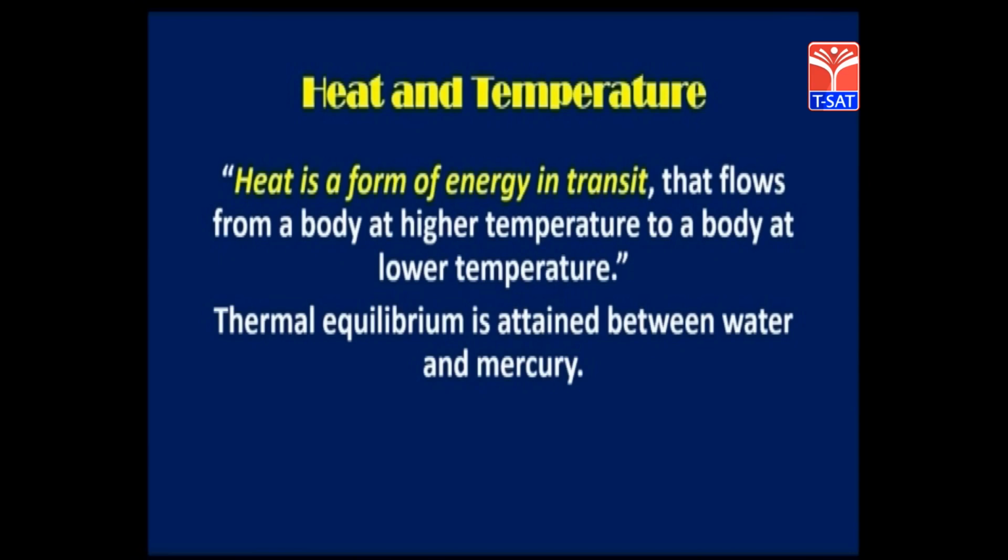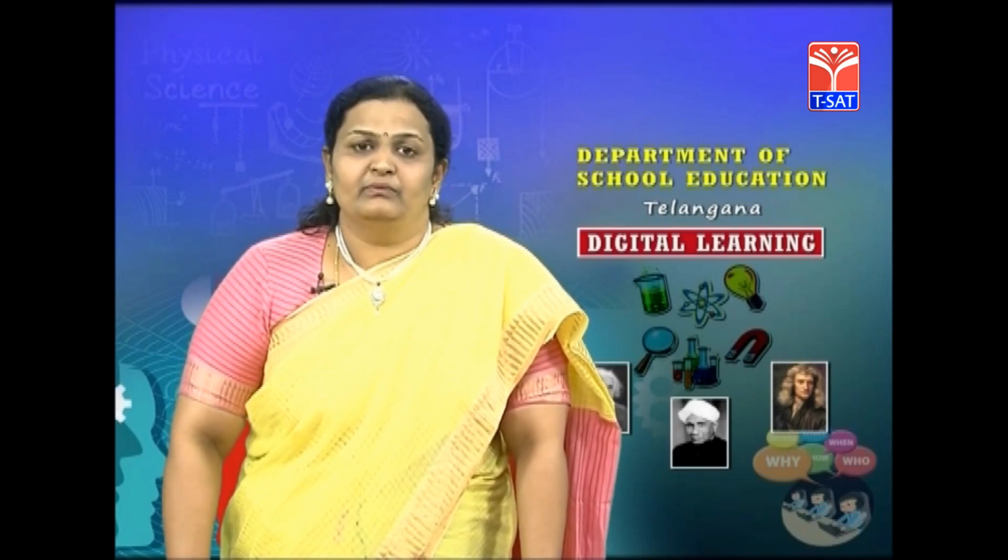Right, children? Now, thermal equilibrium is attained between water and mercury. We have seen that when you keep water and mercury and leave both of them for some time, they both will come to a stable temperature. That is the temperature of the water, or the room temperature.